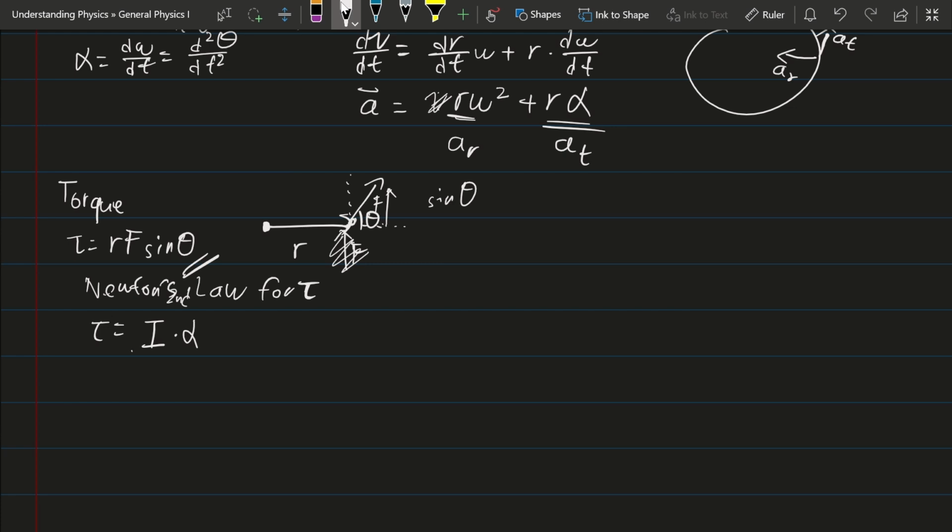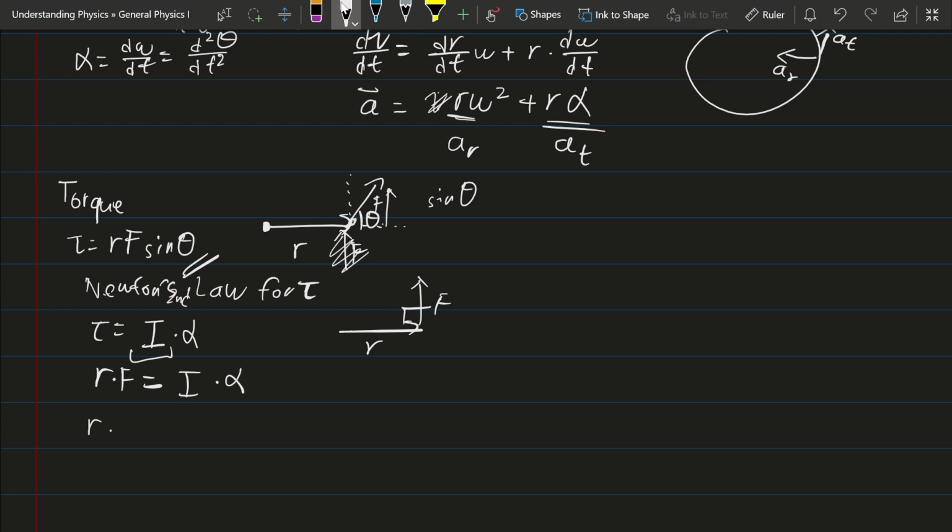So the question is, what is this I? We haven't really discussed this yet, but if we try to solve this, let's just assume that the F is perpendicular, so it is going something like this. It is perpendicular with each other, that's R, that's F. We would figure that R times F would equal I times alpha.